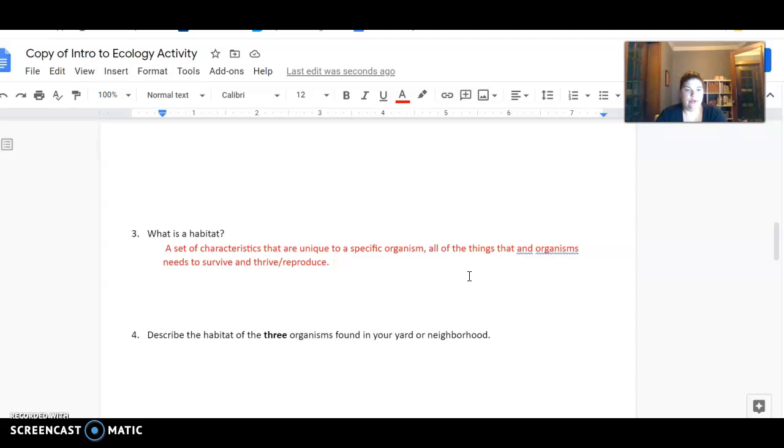So like with your home and with your yard, you'll see that the next question asks you to describe 3 organisms found in your yard, describe their habitat. So they're all living in your yard. You don't have to write my yard because that's not the habitat. The habitat is everything that the organism needs to live and reproduce, survive and thrive.